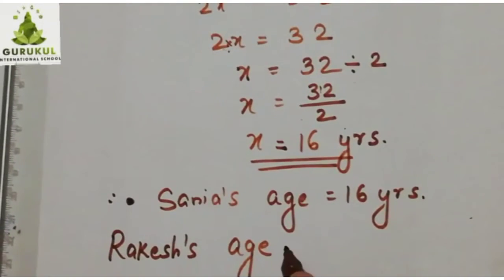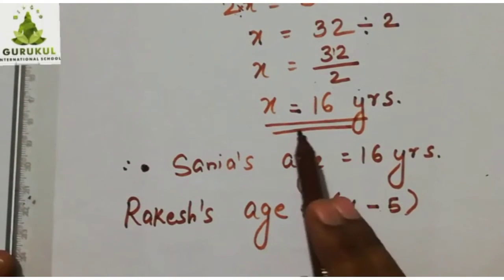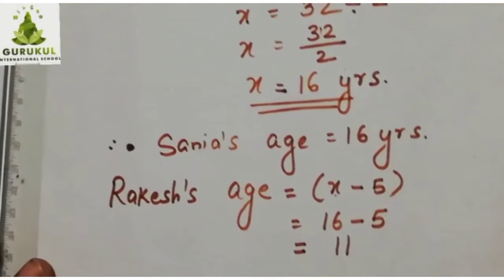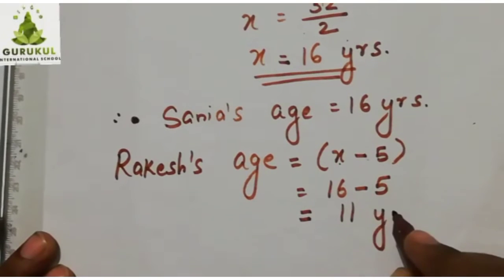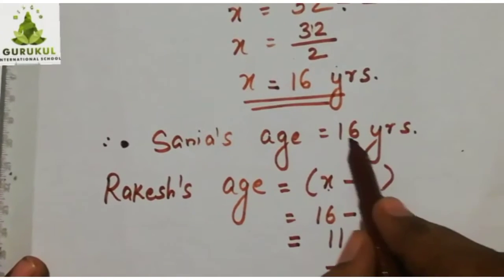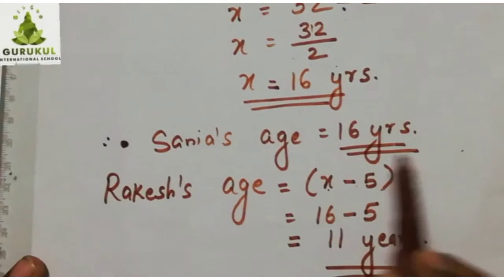In the place of x we will substitute the value of x, which is 16. So 16 minus 5. What are you getting? 11. Is it clear? So you are getting 11 years. So Rakesh's age is 11 years and Sania's age is 16 years. Is it clear? You can put this in a box and write.